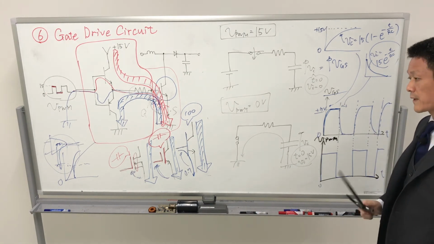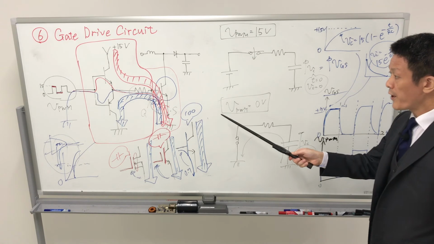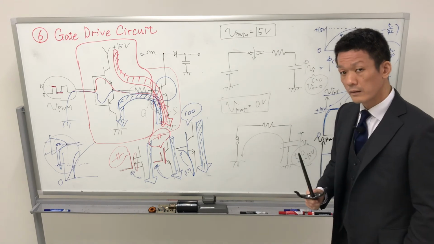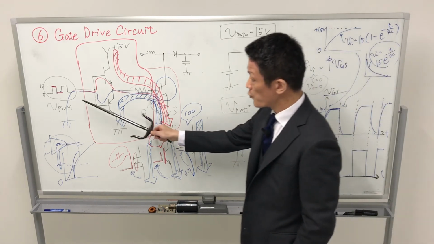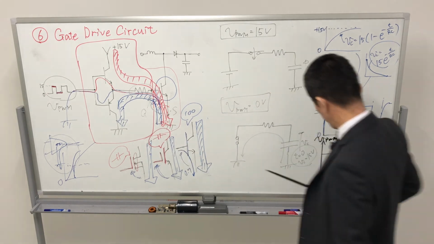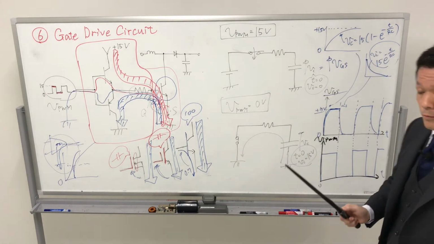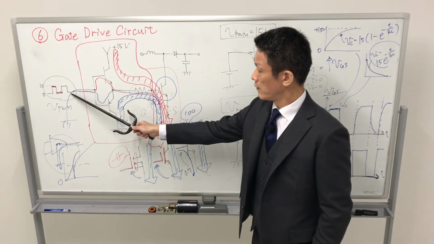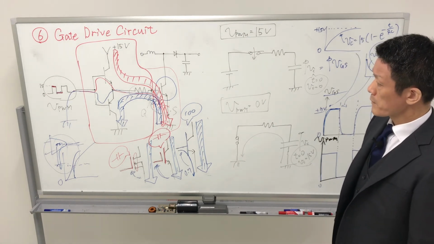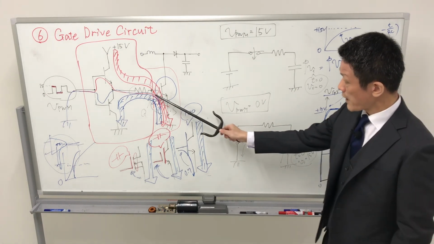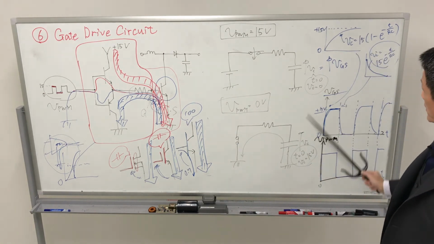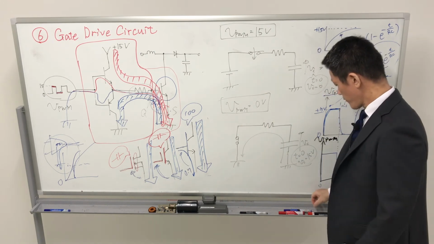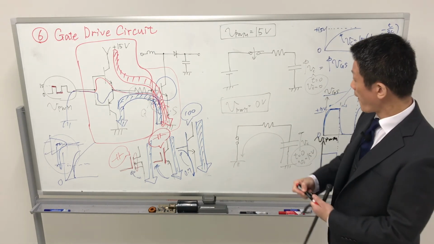So back to the first question. Why do we require the gate drive circuit? Why can we not use this voltage waveform? The answer is that we cannot use this power line. Because for charging the capacitor, we require charge, that means high current.